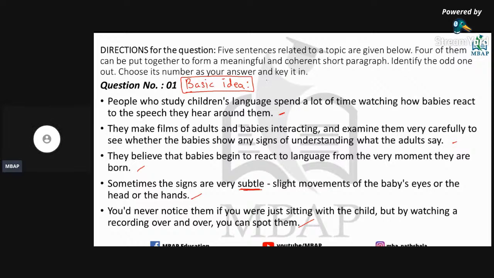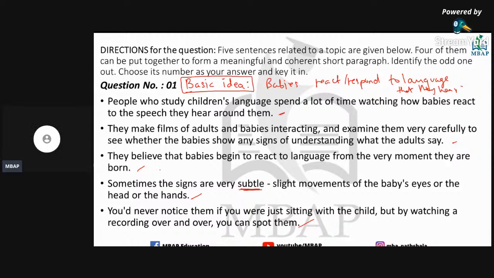It is about how babies react or respond to language that they hear. This is the basic context, right? If I have to sum up all the five sentences, this is the context around which all the sentences revolve.